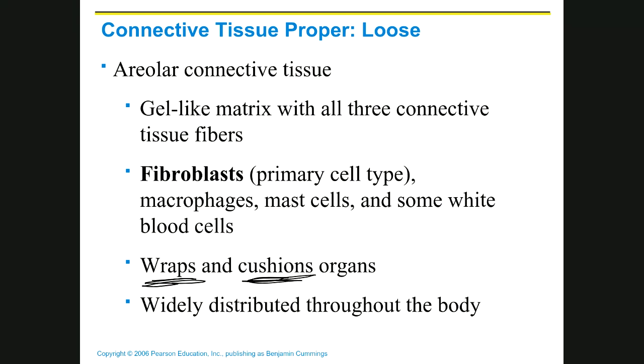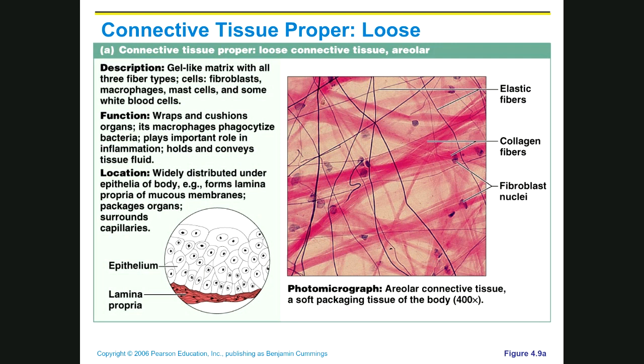And so this is what it looks like. So here's our box. Remember, this came out of the lab book. There's our picture. There's the diagram right there. And then here's the description, the location, and the function. So again, everything you need to know about this tissue is right here in this box. Well, look at this picture. You should be able already to pick out a bunch of stuff.